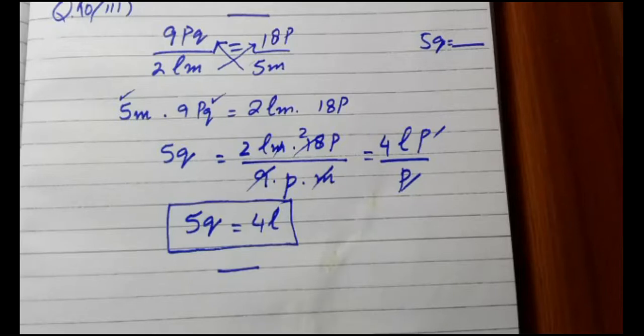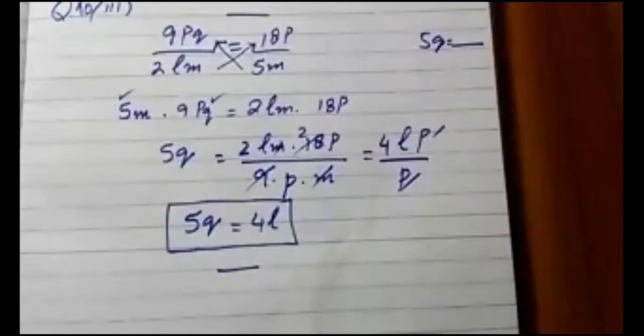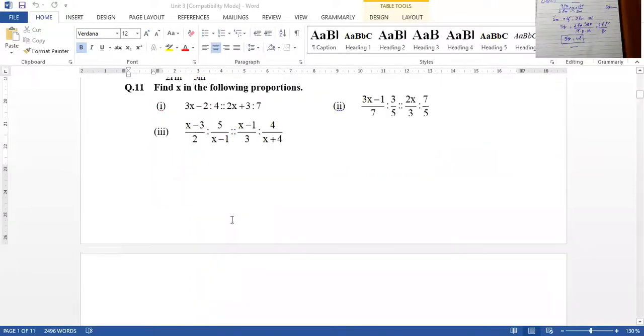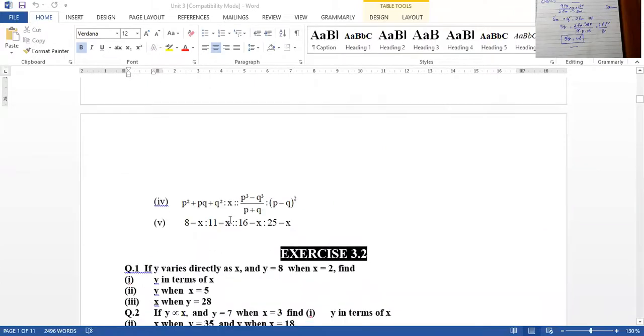So we are going to start question number 11. I will show you on the screen which is the question. So this is question number 11. All of you can see the first 3 parts. The third part, if we compare with part number 5, is a similar sort of question. So we will be solving part number 4 and 5 from question number 11.